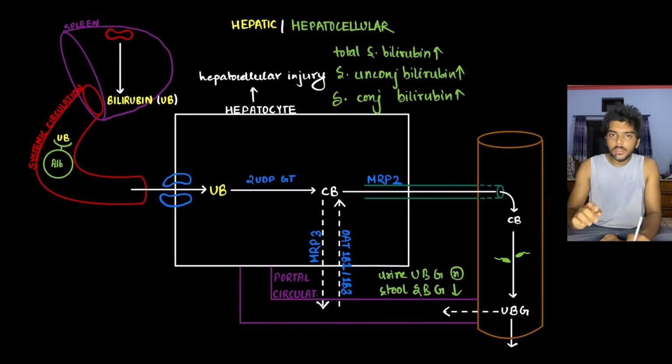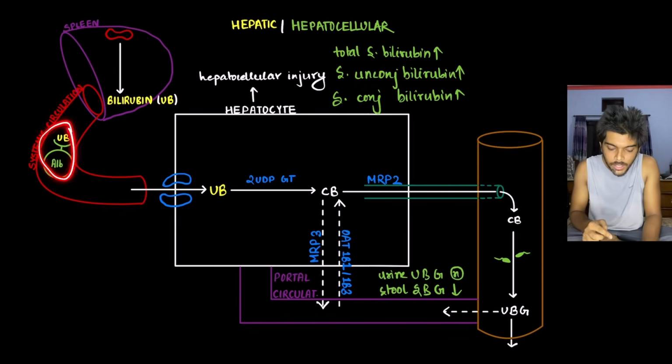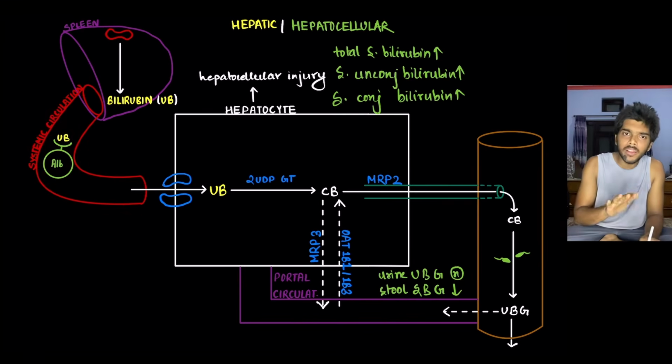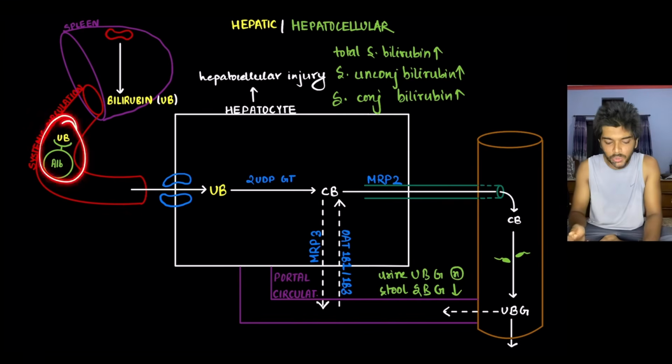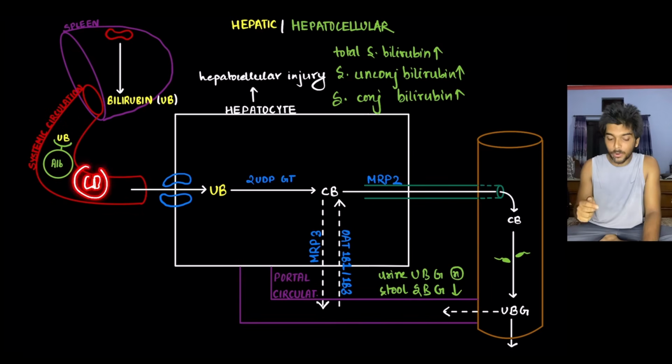Now, there is rise in which bilirubin? Both unconjugated and conjugated bilirubin. Unconjugated bilirubin can't get filtered into the nephron, because it is too large, being bound with albumin. But conjugated bilirubin can be.